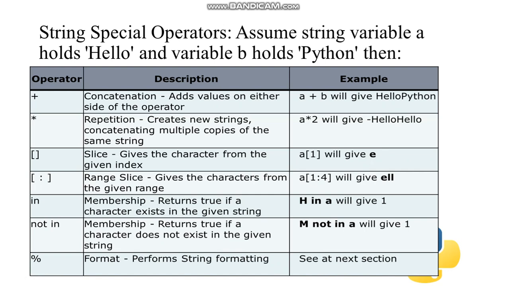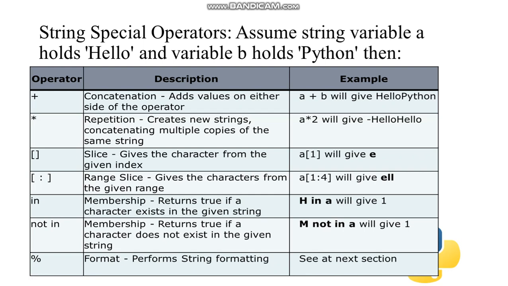Next is membership. It returns true if a character exists in the given string. So if you want to check if a particular character is present in the string, you will use the in operator. For example, suppose I'm using H. H is my letter, my character, which I want to check if it is present in a. So I write H in a. a is my variable where I have stored my string, correct?